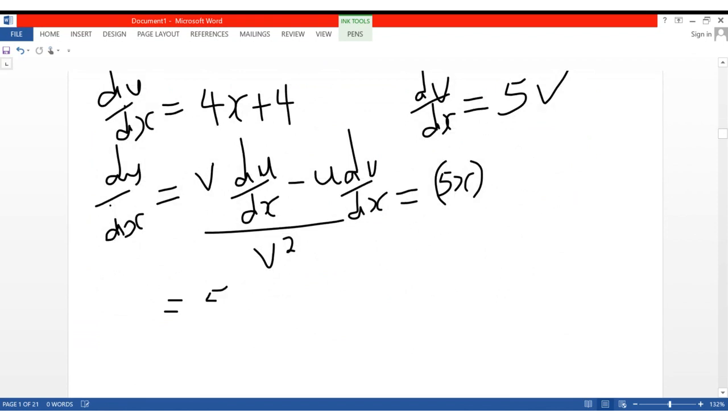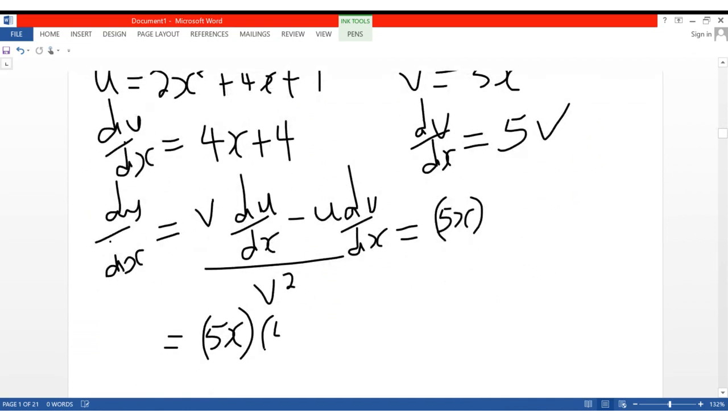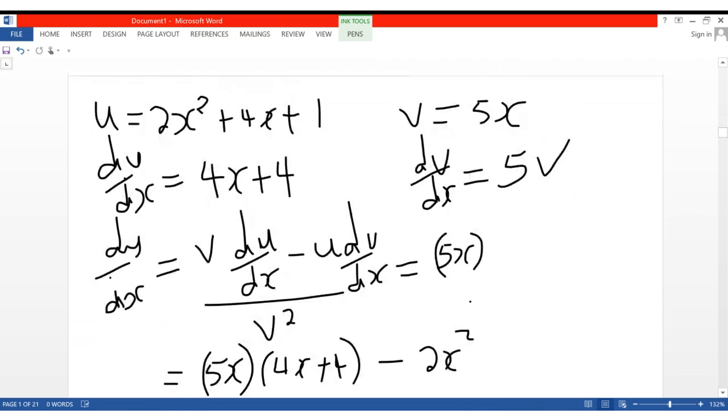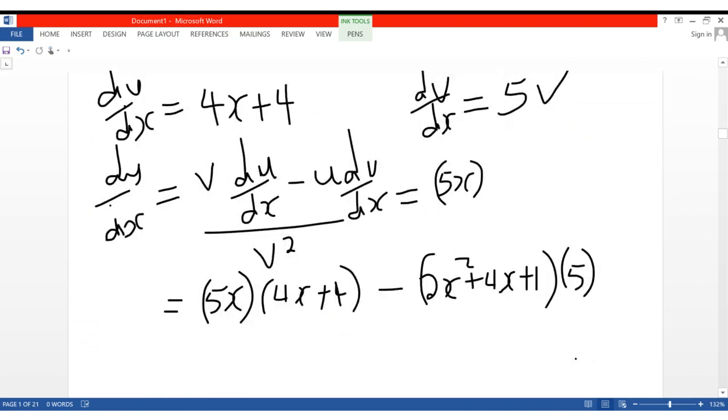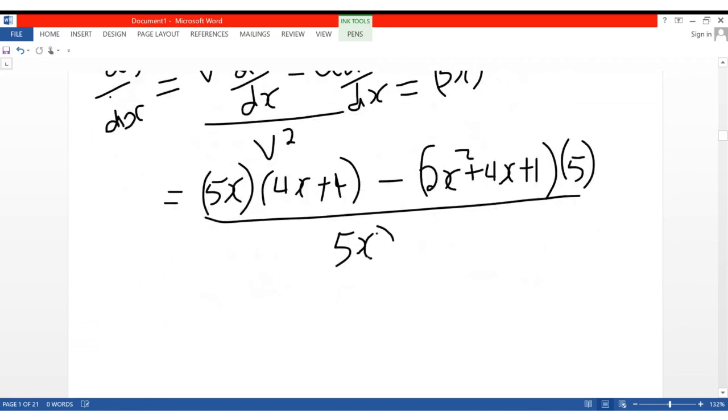That was 5x, my du/dx was 4x plus 4, minus our u, which was 2x squared plus 4x plus 1, and then our dv/dx, which is the number 5. The whole of this is under v squared. Our v is 5x, so we square 5x according to the formula.